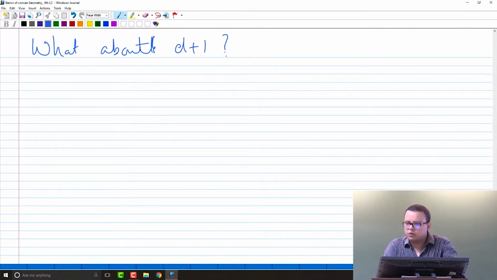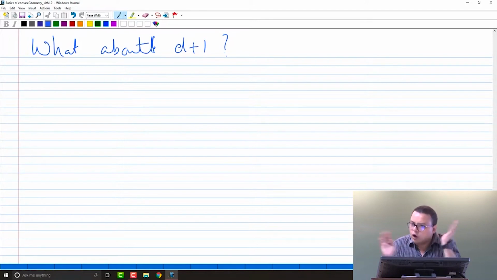What happens with d plus 1? Why does this result not hold for d plus 1? See, to show that d plus 2 is a critical or a threshold number, I will build a set of d plus 1 points for which this result does not hold, then I am done.